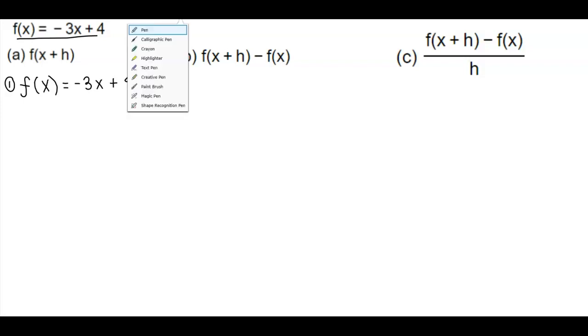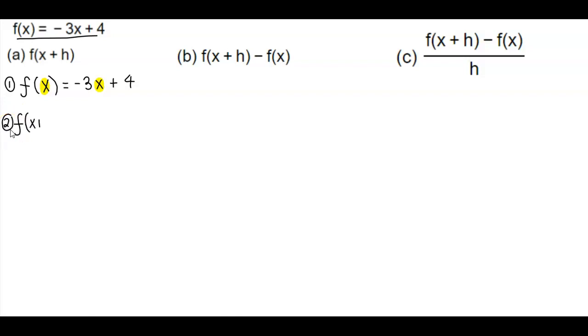Okay, so in this first part, we can see that x represents the input. And so now what we want to do is find f of x plus h, because now that's going to become the input for x.